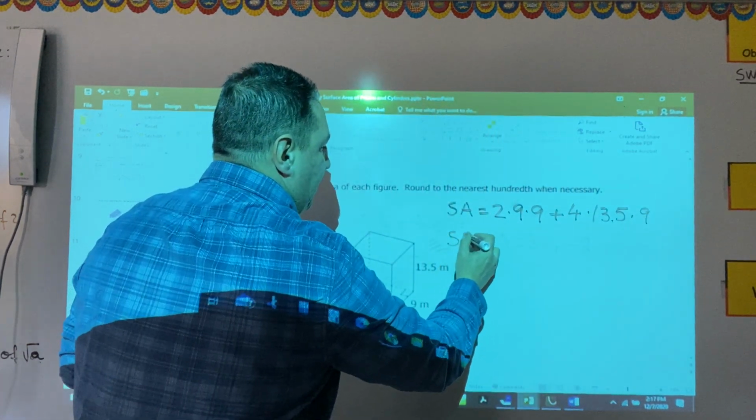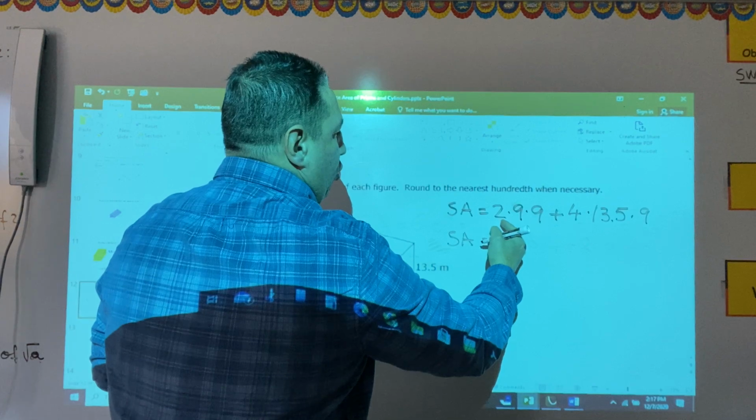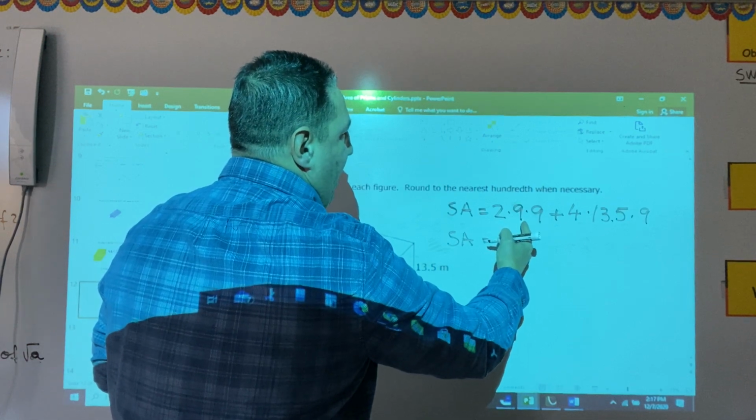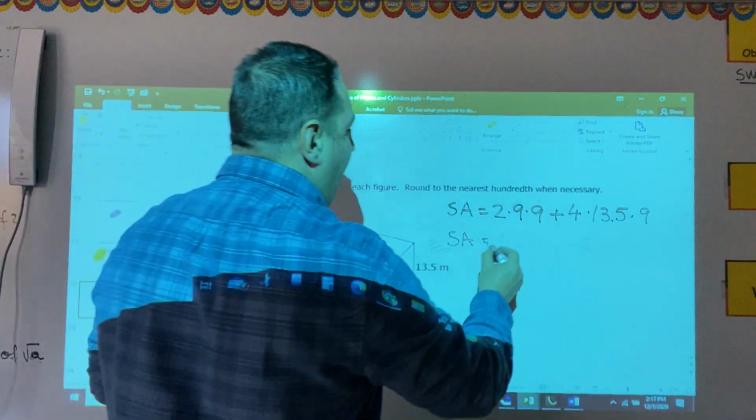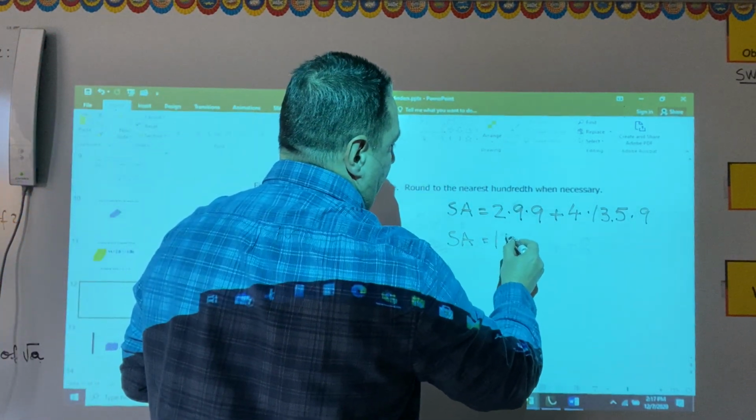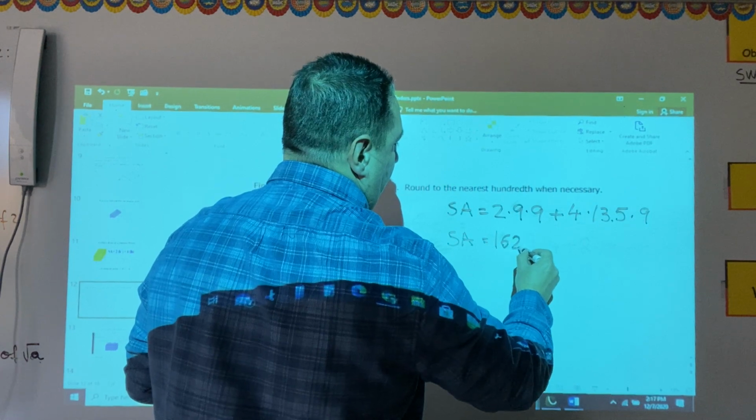So surface area would be 2 times 9 is 18, times 9 is 162.